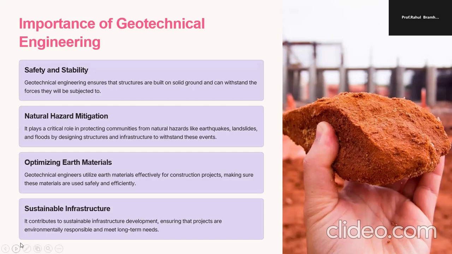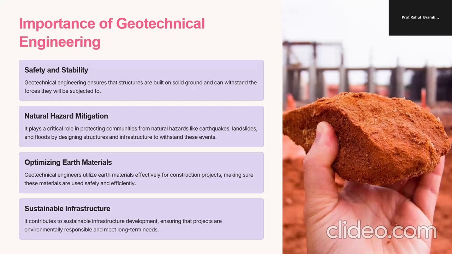In natural hazards like earthquakes and landsliding, we use geotechnical engineering concepts and protect our communities from these events.